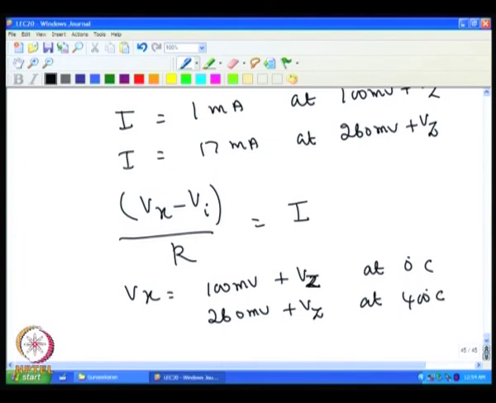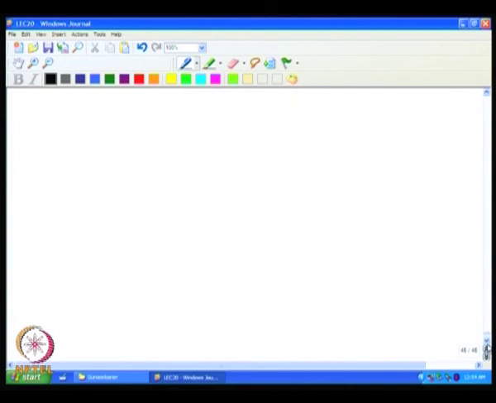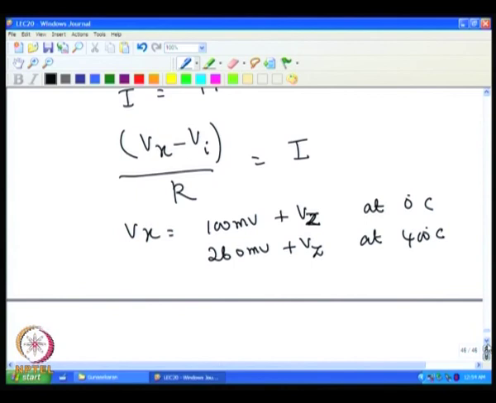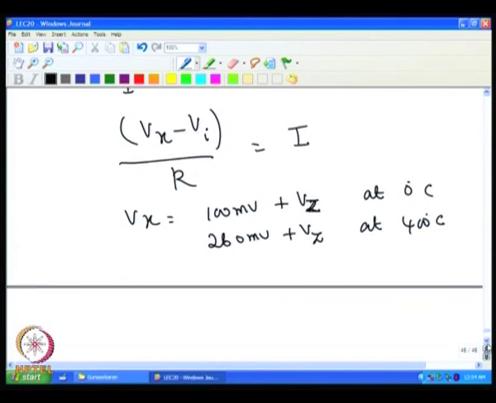So, one can select Vi such that Vz plus 100 millivolt is taken care of. For example, assume Vz is 100 millivolt.